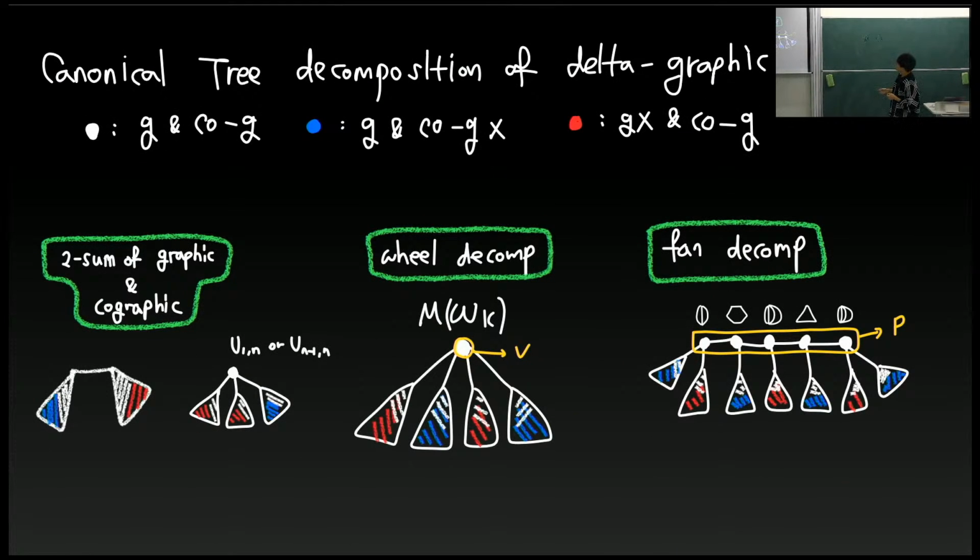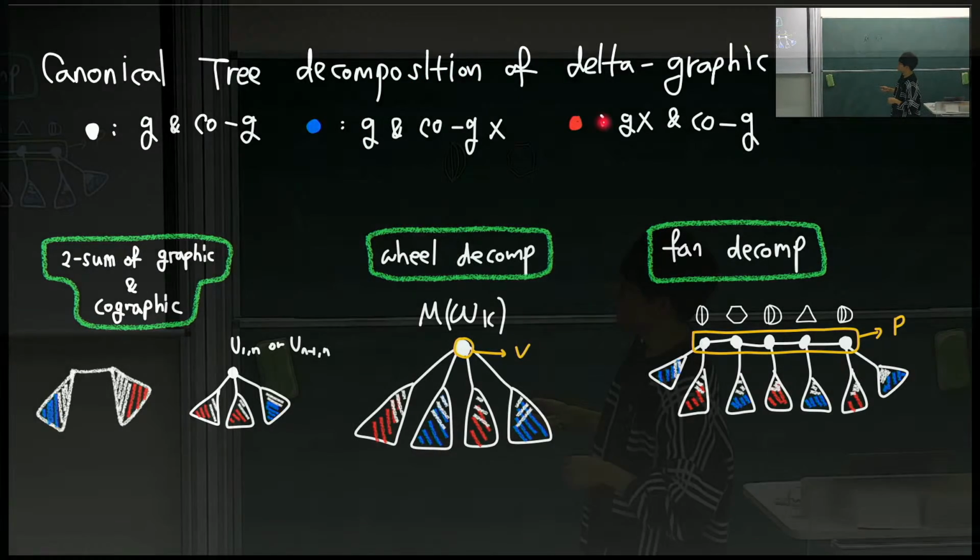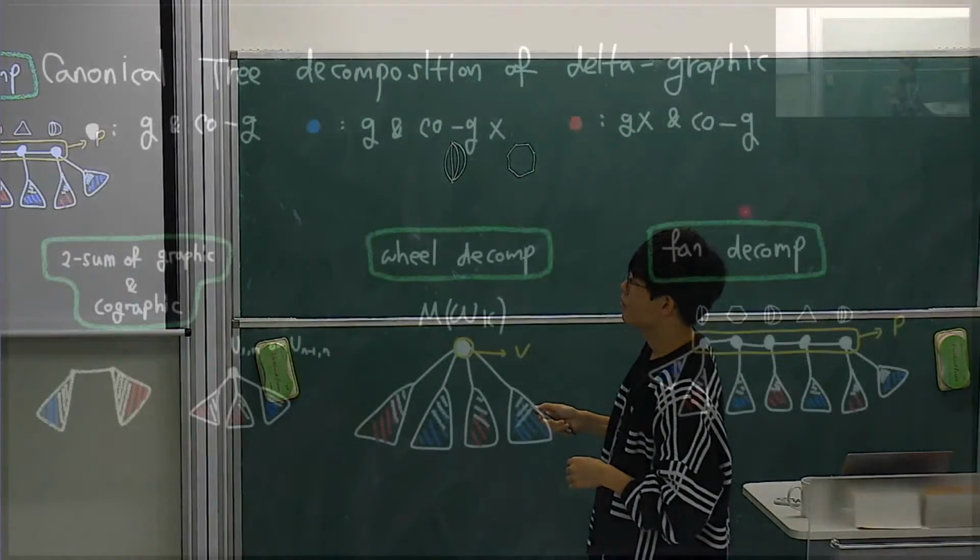So, what is the canonical tree decomposition for a delta-matroid? Before we talk about it, let a white vertex correspond to a matroid which is graphic and cographic, a blue vertex to a matroid which is graphic and not cographic, and a red vertex to a matroid which is not graphic but cographic.